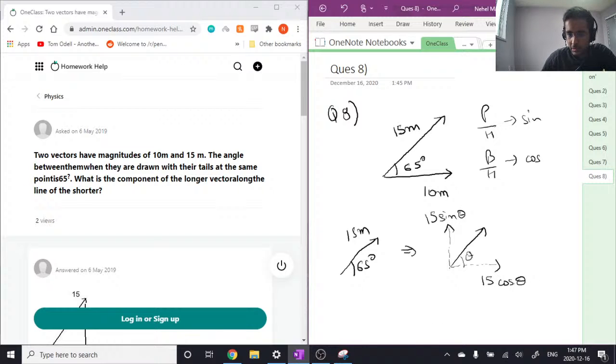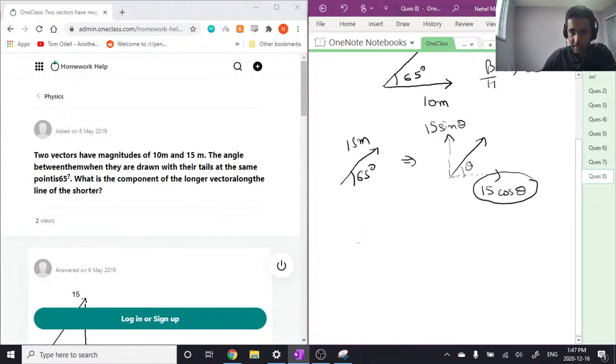Looking at this, we can say that the component of the longer vector along the line of the shorter vector would be 15 cos of theta, where theta is 65 degrees. So we can compute that. 15 cos of 65 degrees is 6.33.